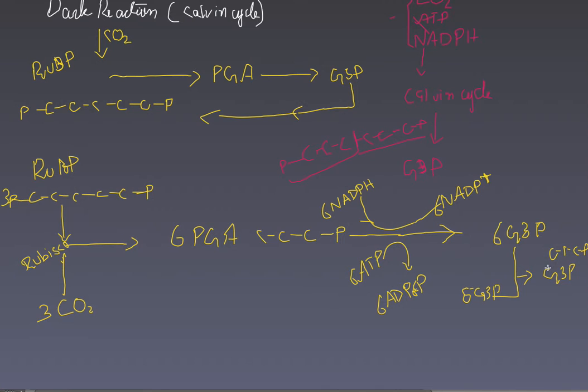So only 1 of them leaves. But what happens to the 5 of them? These 5 molecules eventually go back to the ribulose biphosphate molecule right here. So they eventually end up being RuBP.